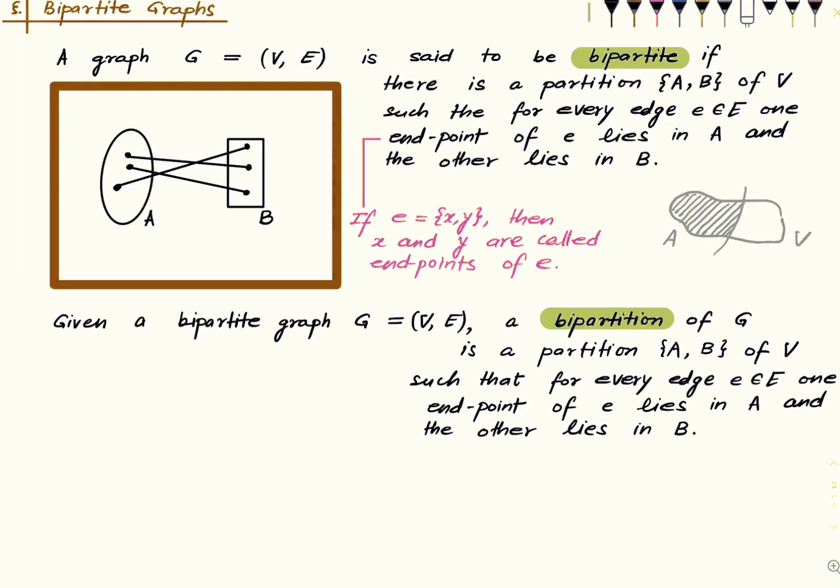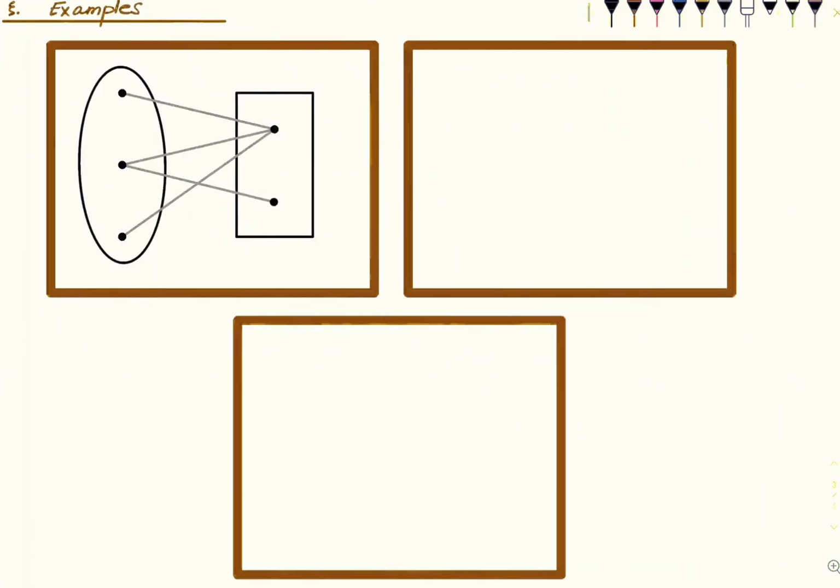So a bipartition of G is a partition A comma B of V which witnesses the fact that the graph is bipartite. That's the definition of bipartition. So a graph is bipartite if and only if you can find a bipartition. I hope this was clear. And now let's move on to examples. So first example, this is patently a bipartite graph.